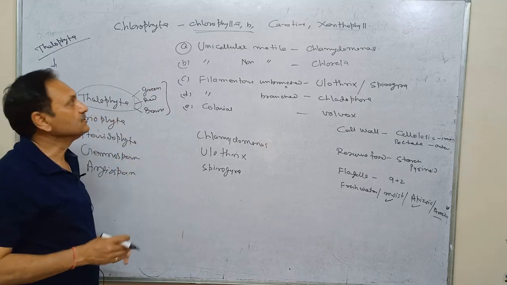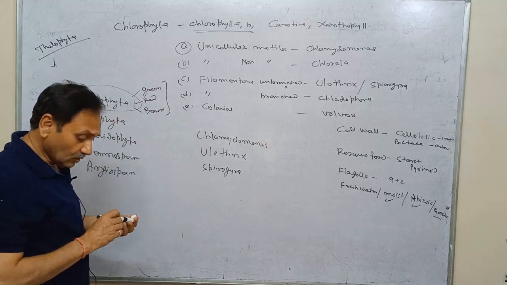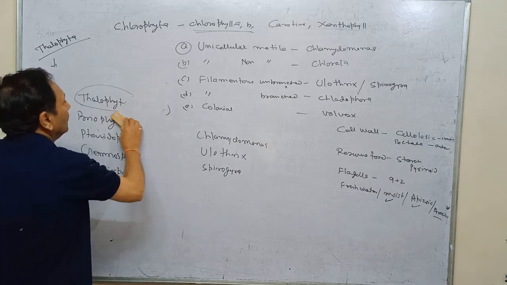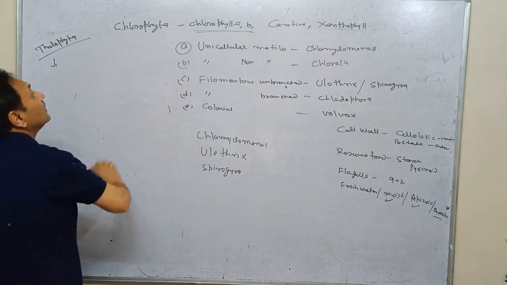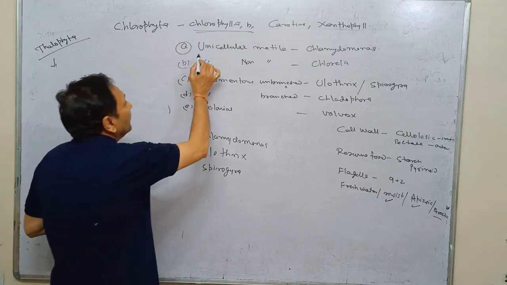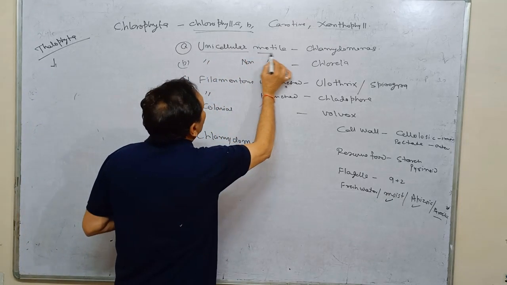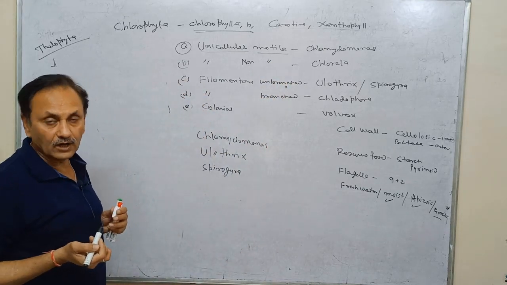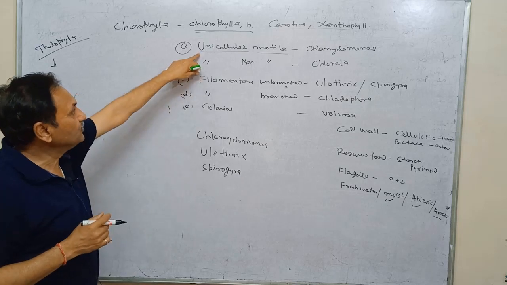Now, on the basis of different cell types, this Chlorophyta may be unicellular and motile. It means the individual is unicellular.